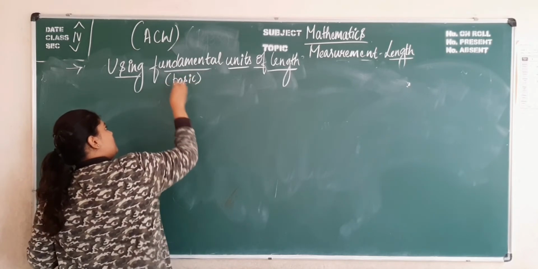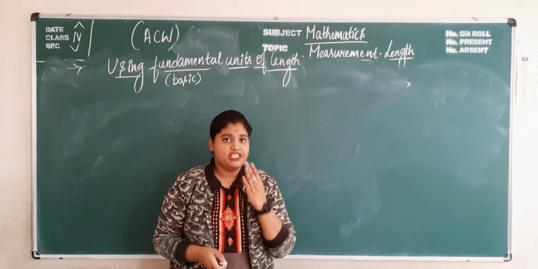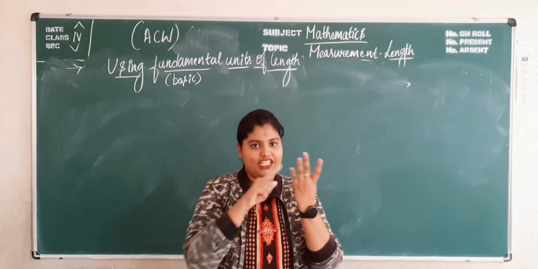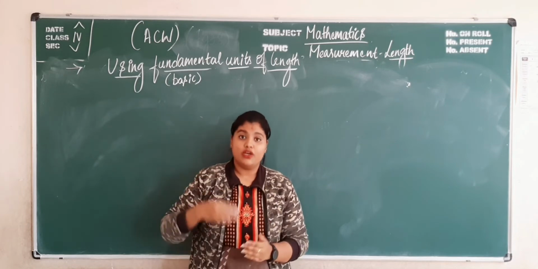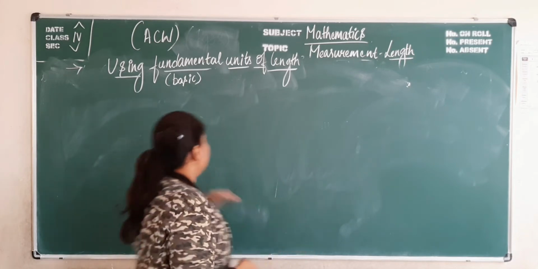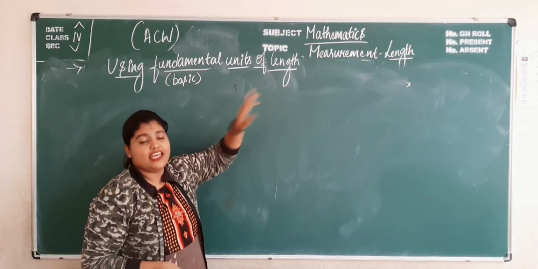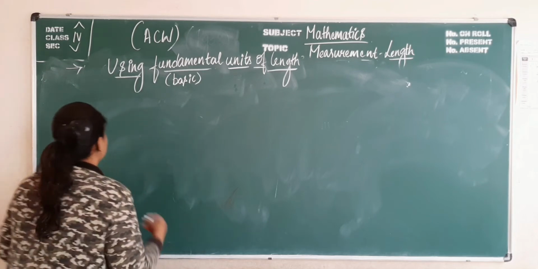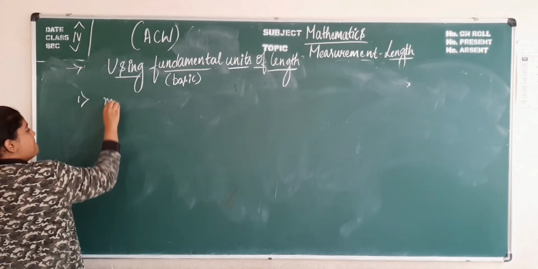Basic. So which are the fundamental operators in mathematics? 4 basic fundamental operators. Yes, they are addition, subtraction, multiplication, division. Likewise, in the same way, here in the units of length, there are few fundamental units. For example, we have seen millimeter.